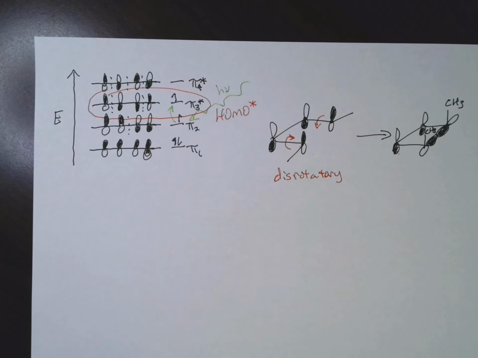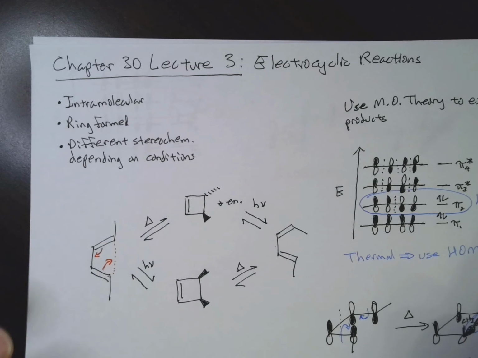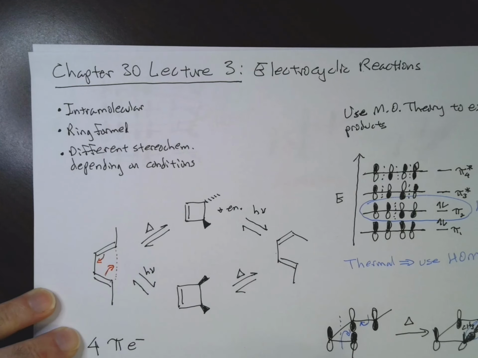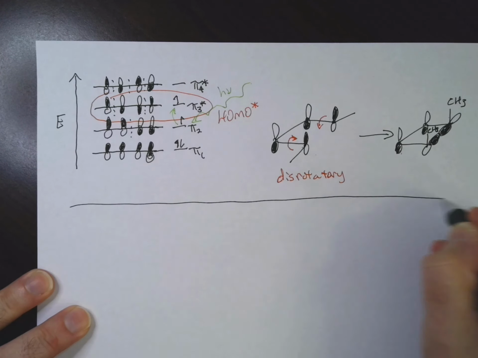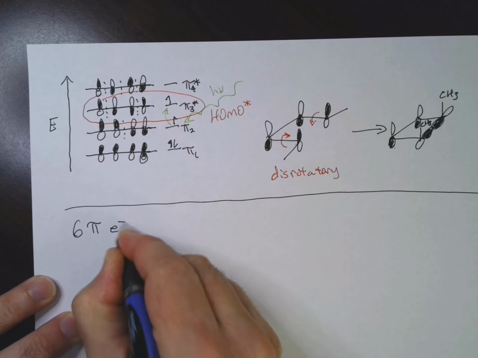Okay. So we can use this to explain the types of reactions that we get. All right, now so far we've just looked at 4 pi electrons. So here we have 4 pi electrons. We can do something similar with 6 pi electrons.